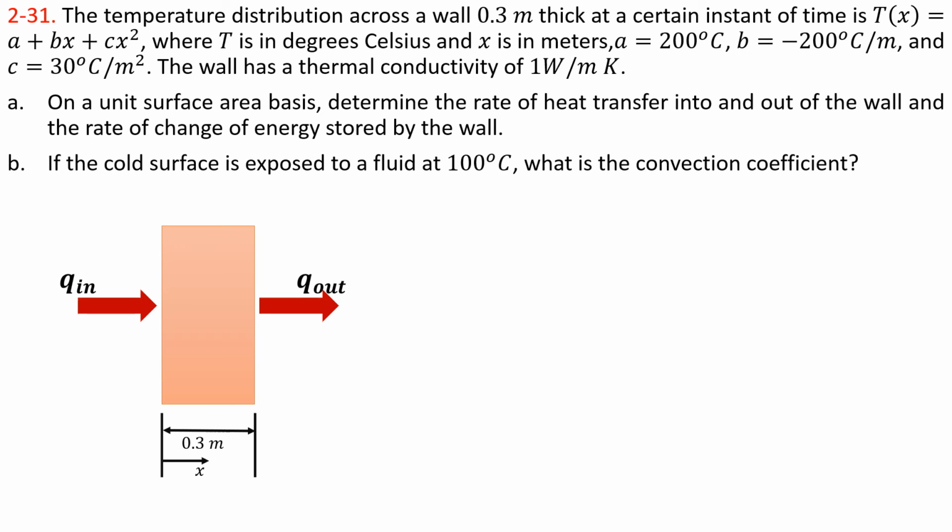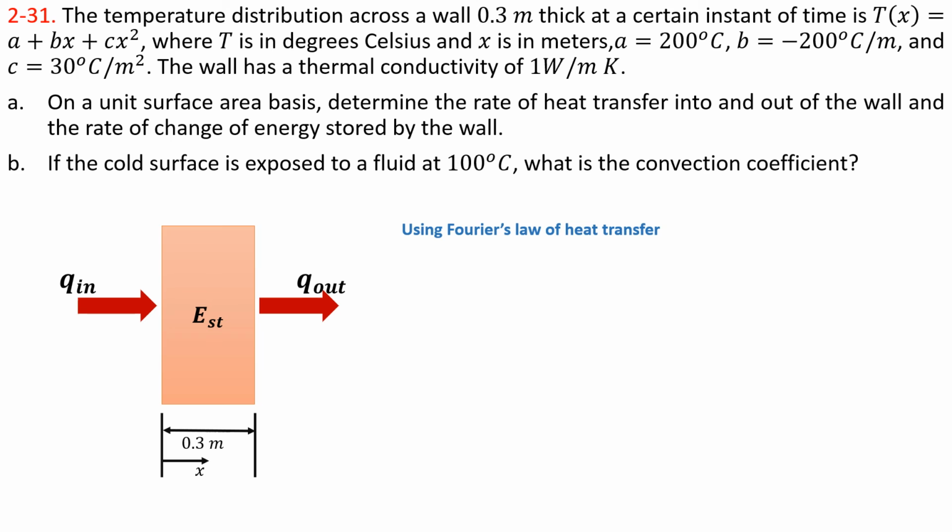It's our convention; you can take it the other way around. I have taken Q in from the left side and Q out from the right side. If there is a difference between Q in and Q out, the difference will be stored by the wall as energy stored.